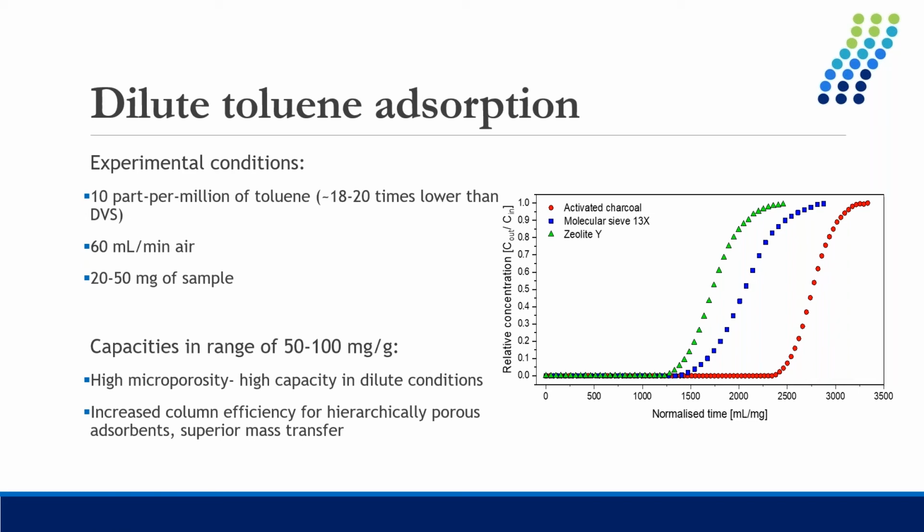This is because all the materials we're working with had a high level of microporosity, and we can see that certain curves have a steeper breakthrough curve. Generally, the steeper the breakthrough curve, the better the mass transfer through the column, and that generally represents a higher column efficiency. We found that hierarchically porous materials like zeolite Y and activated charcoal had better column efficiency.